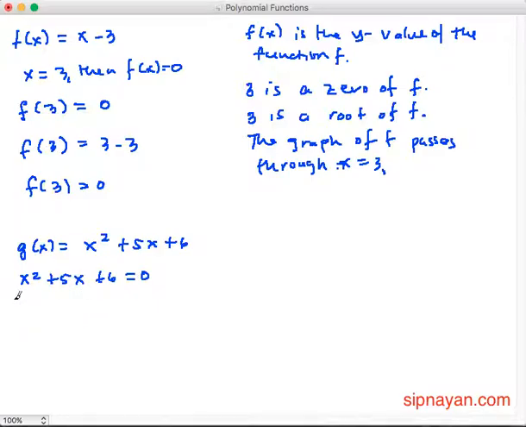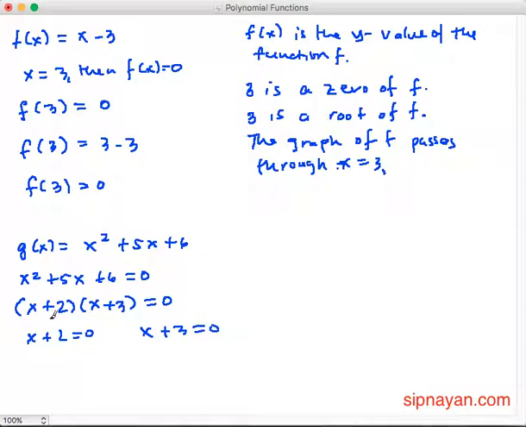So, by factoring, I think this is obvious dahil ilang beses na tayo nag-factoring, no? This is x plus 2 times x plus 3. We want it to be 0, and this will only be 0 if x plus 2 is equal to 0 or x plus 3 is equal to 0. So, pag nag-0 to, ibig sabihin 0 times any number here is 0.